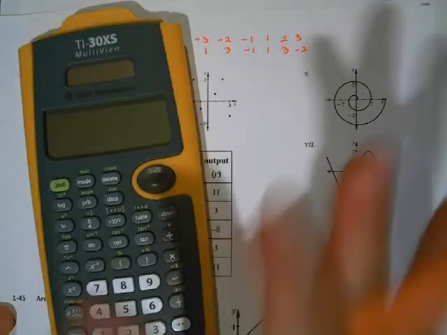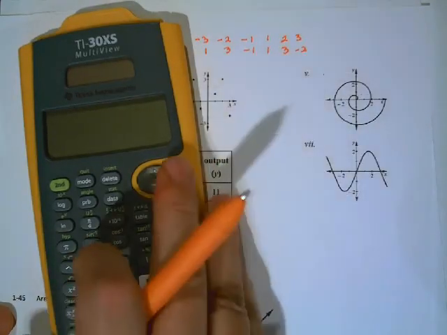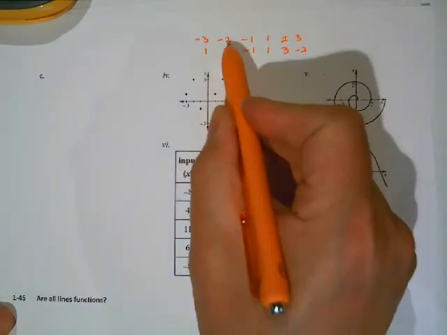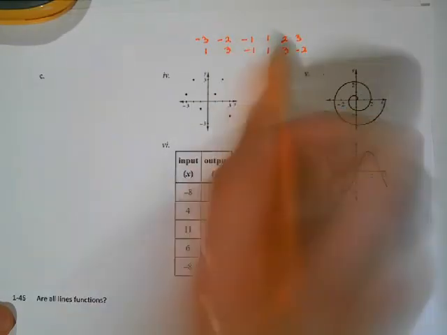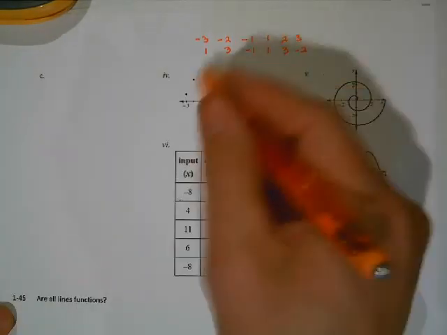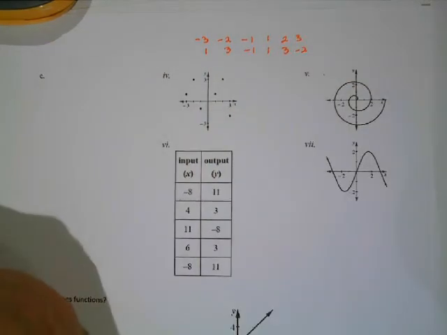The same outputs are okay as long as the input was different. So here we've got 3 and 3 for an output, but that's okay because the input was different. It's really the inputs that you have to look for; you can't have the same input with a different output. So we would say, yes, this would be a function.